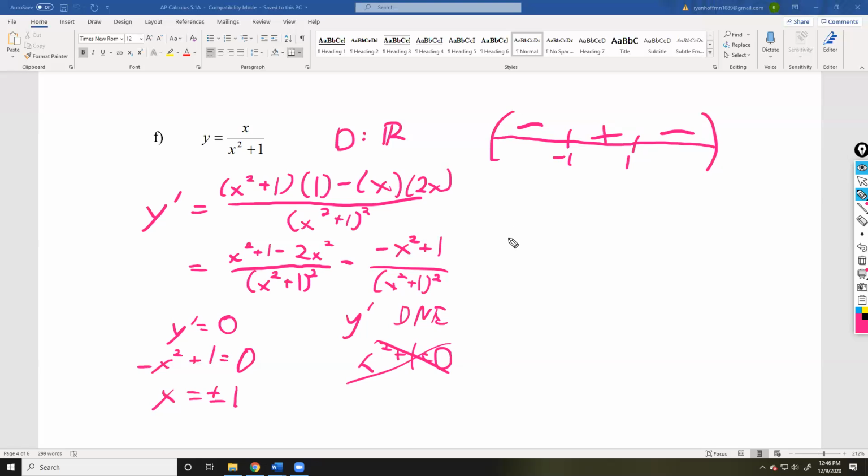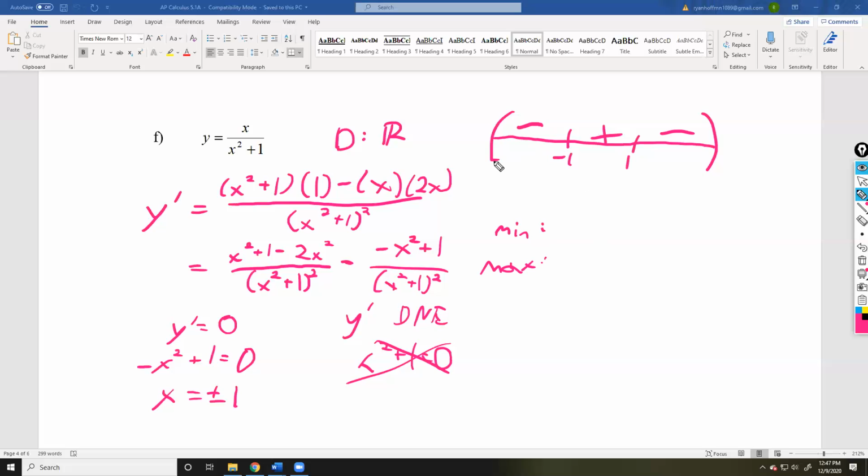So we have a minimum at, well, which one is going to be our minimum? Our minimum is where we change from decreasing to increasing.